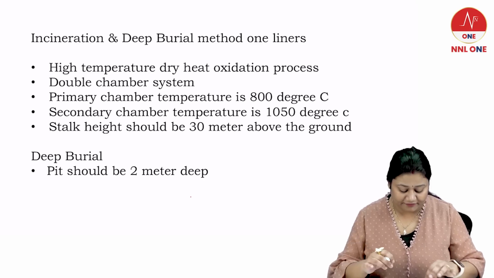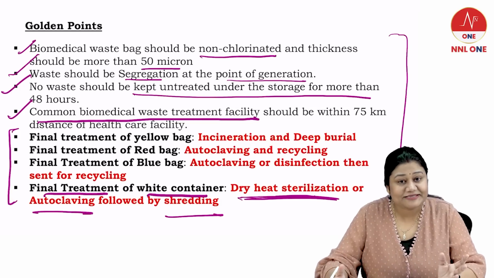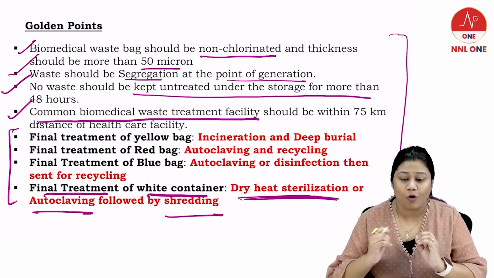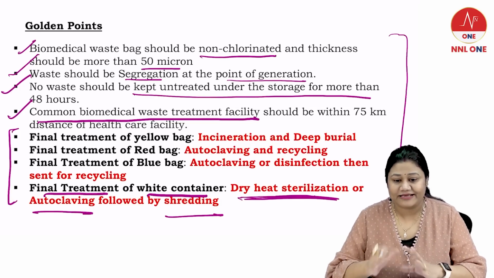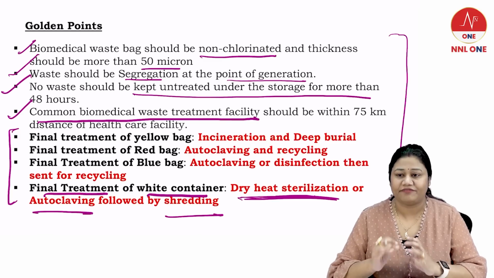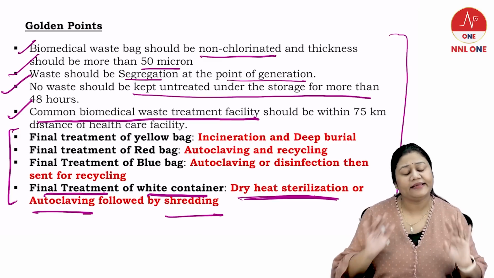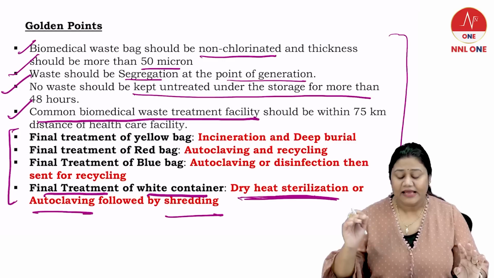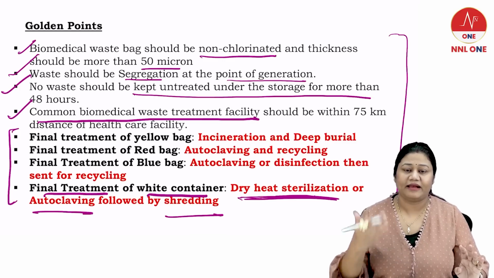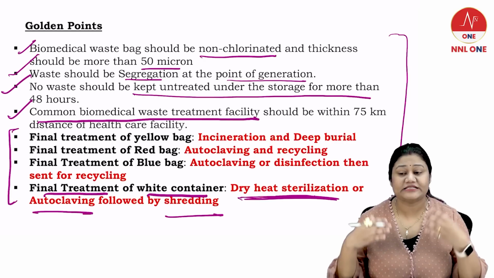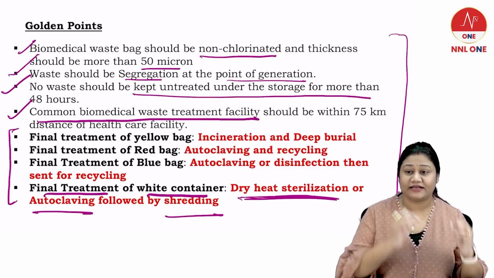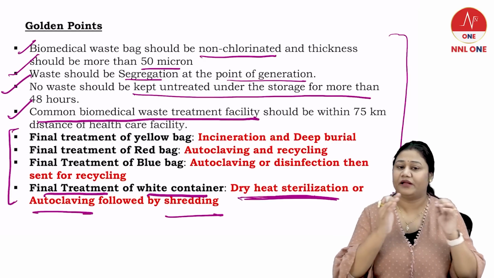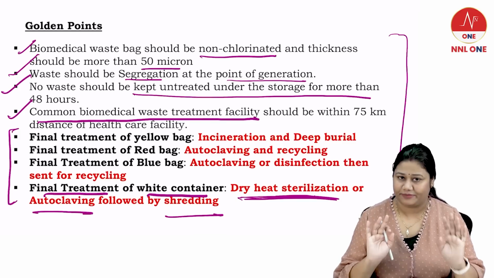Now let us quickly revise before this what we are discarding. In yellow we know that all dressings, all linen, all infected material we will be discarding in the yellow biomedical waste bag. Red will be all contaminated infected plastic, tubings, catheters, syringes, gloves, whether they are contaminated with blood or not, we have to discard in the red bin.